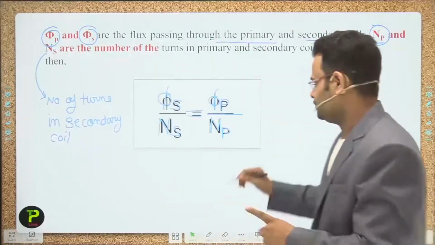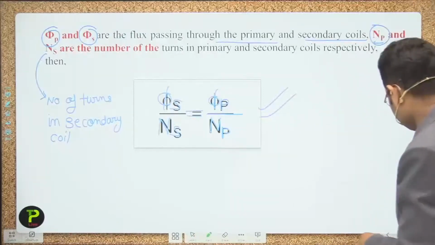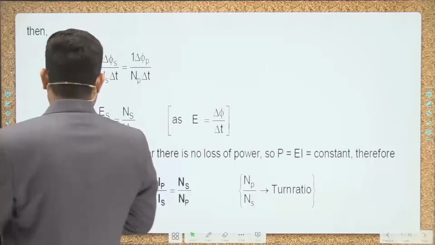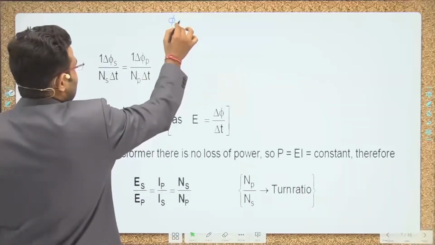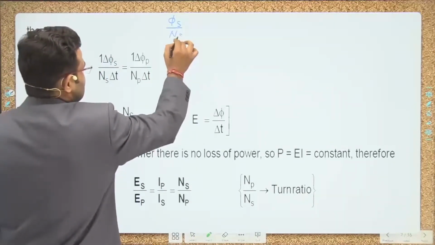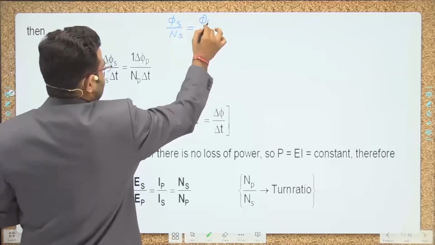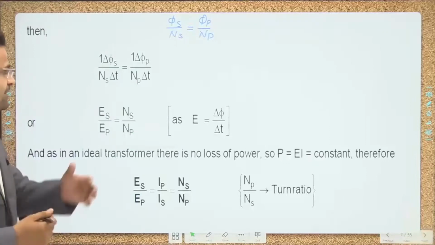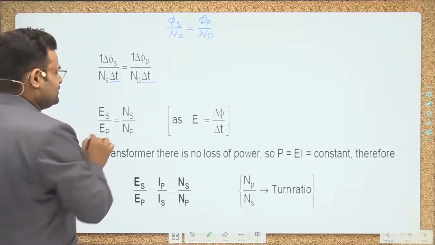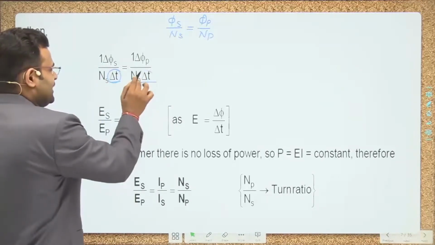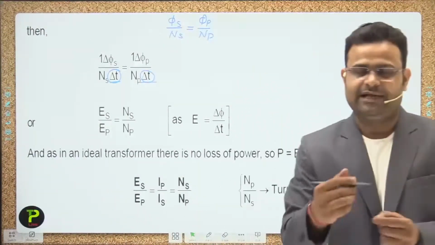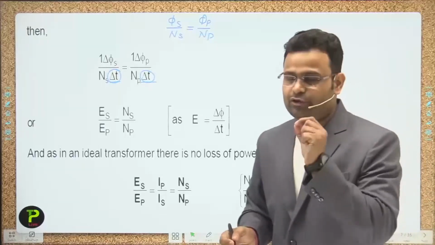Okay guys, after that we move to some more derivation. We know that phi s upon Ns is equal to phi p upon Np. If we talk about a time period, then we divide both terms by the time period. Del t is the time period: if you start at 0 then it is t, if you start at t1 then it is t2 minus t1 for a particular time period.